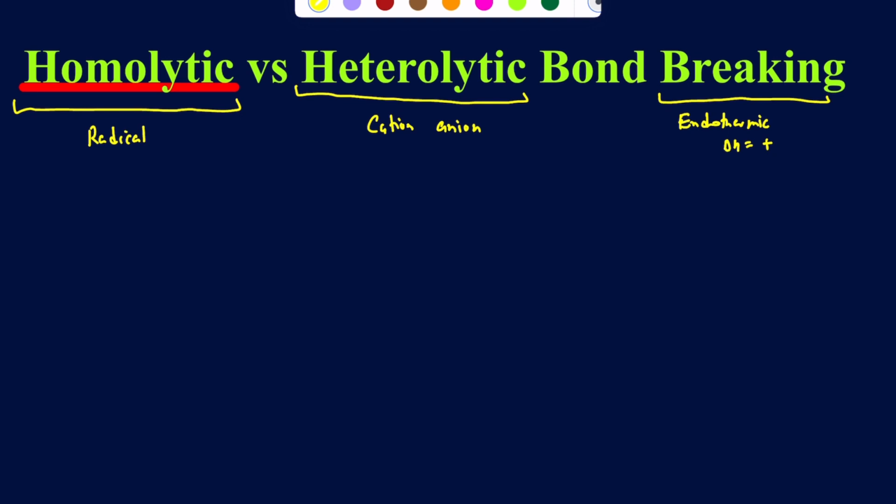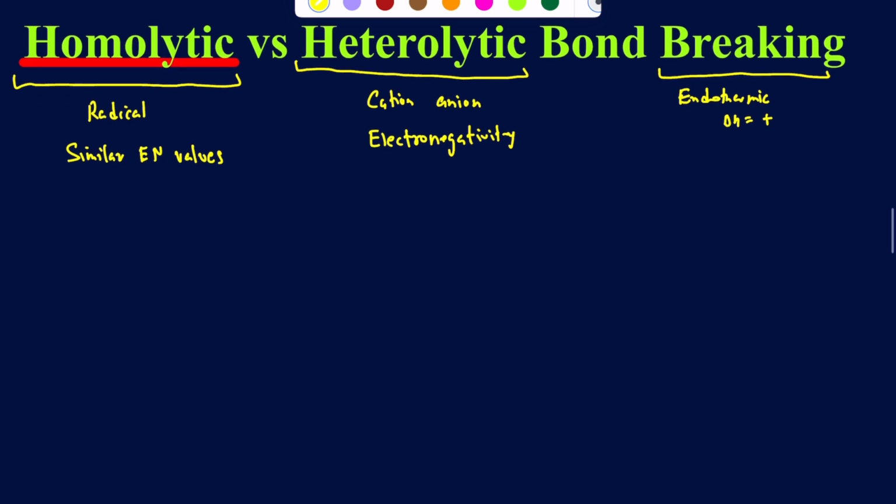The heterolytic bond cleavage works on the difference of electronegativity, where two atoms have a significant difference in electronegativity. But homolytic bond breaking will typically take place when they have almost similar or the same electronegativity values. There's really not any polarity in the bond, and it would be hard to break it heterolytically.